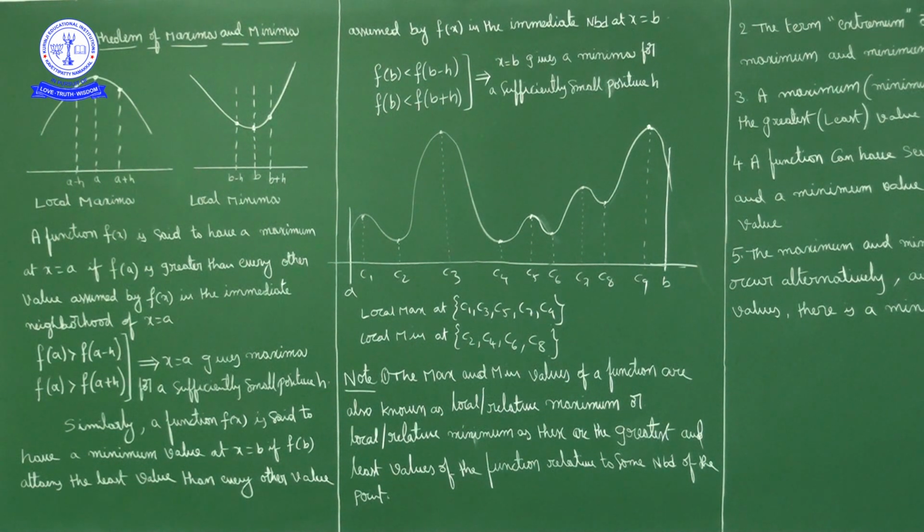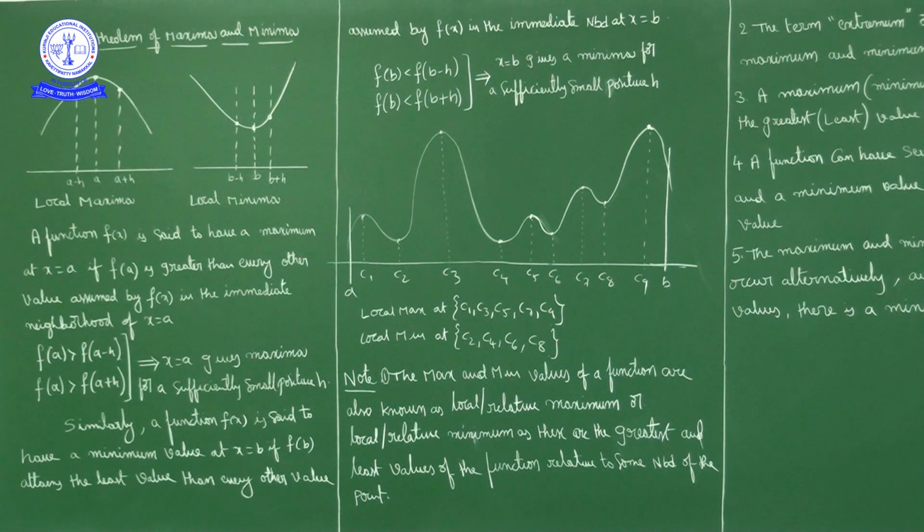Now I will explain these points again. The maximum and minimum values of a function are known as local maximum or local minimum, as these are greatest and least values of the function relative to some neighborhood of that point. Here c4 is local minimum; in the neighborhood of c4 it is the least value. In the neighborhood of c5, it is the greatest value.